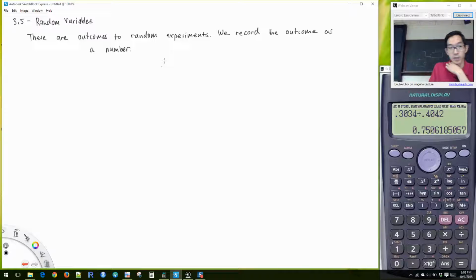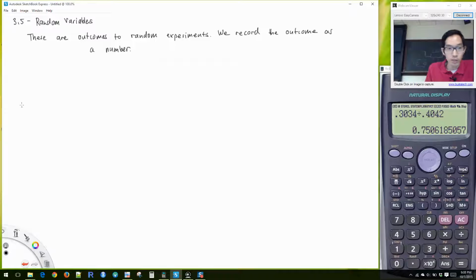If that's the case, then we have a random variable. So flipping a coin is a random trial, and if we record the outcomes as heads or tails, then that's not going to be a random variable. However, if we say heads is 1 and tails is 0, then it is a random variable.